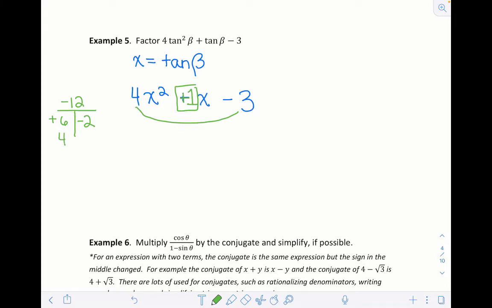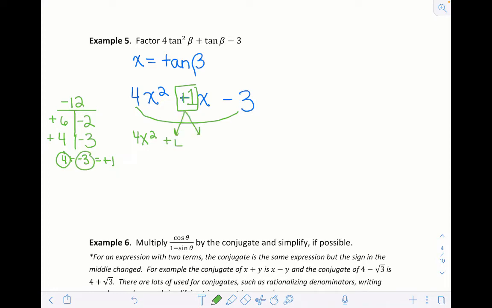In this case, now let's try 4 and 3. So positive on the bigger number, negative on the smaller number. If I multiply them, I get negative 12. If I add them, 4 plus negative 3 is negative 1. Or I'm sorry, positive 1. So it checks out. So then what you could do is rewrite your problem. 4x squared plus, and now I'm going to use the 4 and the negative 3 to split up my middle term.